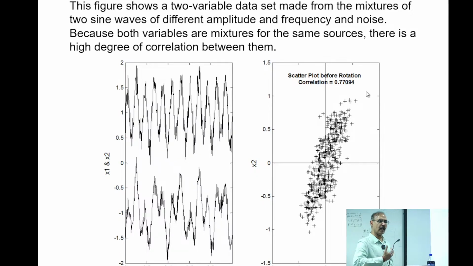Can anyone tell how much of the variance this accounts for? No. The amount of variance it accounts for is 0.77 squared, so it should be about 50%, right?